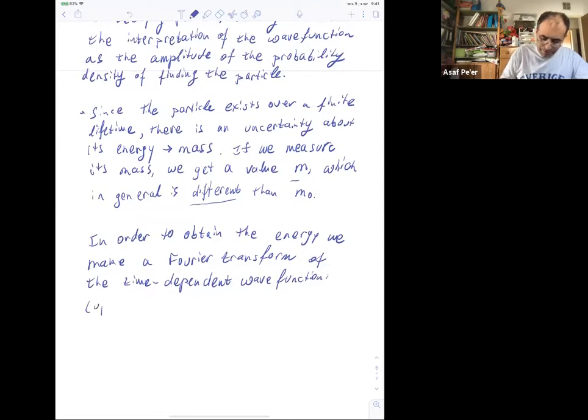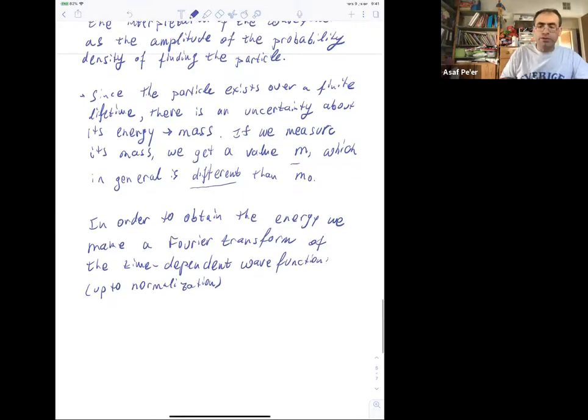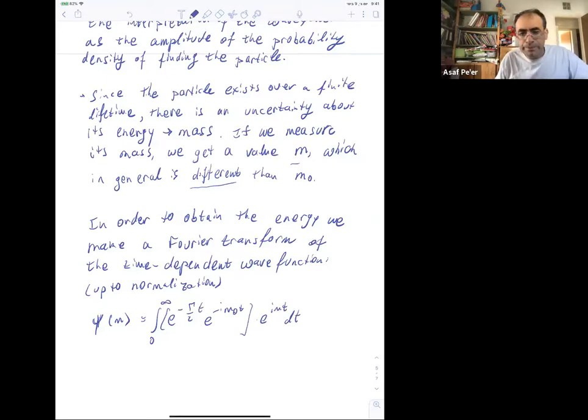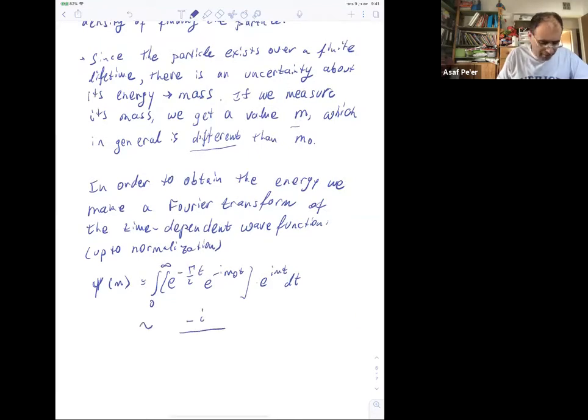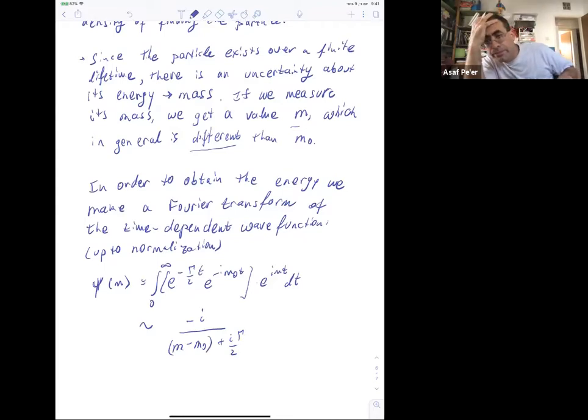Up to normalization, psi of m is just the integral from 0 to infinity of e^(-gamma/2 t) e^(-i m0 t) e^(i m t) dt, which is proportional to minus i divided by m minus m0 plus i gamma over 2. Again, there are factors of 2 pi, 1 over 2 pi, the square root of 2 pi, depending on how you choose the normalization.